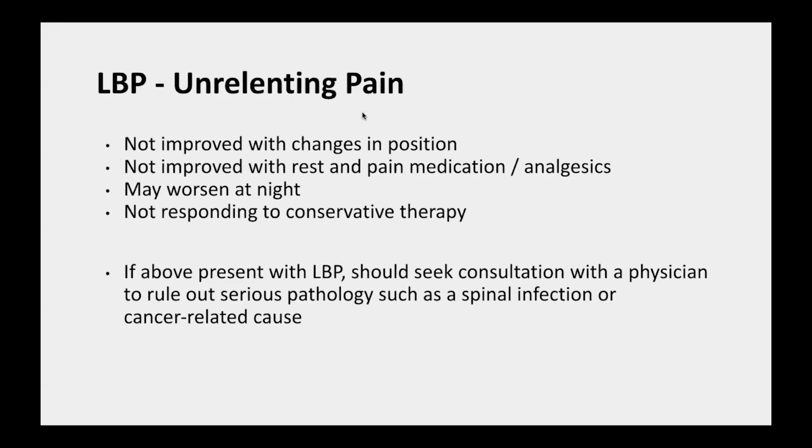Any of these patients with severe acute onset of low back pain or persistent low back pain that's not responding to conservative therapy or that's lasting more than 4 to 6 weeks should seek medical consultation to rule out a serious pathology.